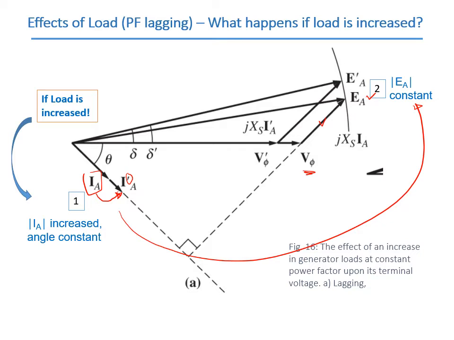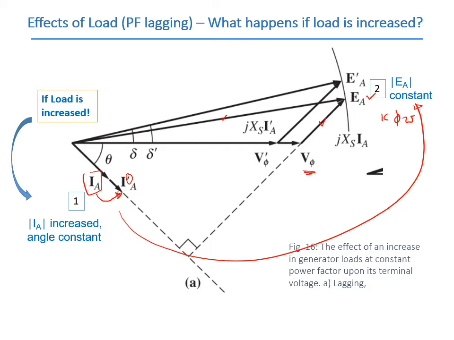The speed of the generator has been assumed to be constant, and therefore EA, which is equal to K phi omega, is also constant. It means that the length of the new EA will be exactly the same as the length of the previous EA vector.